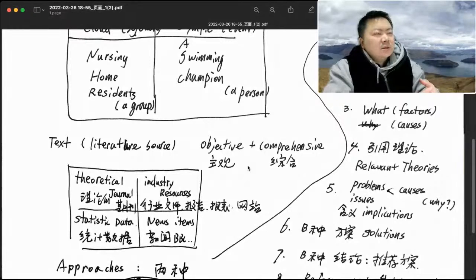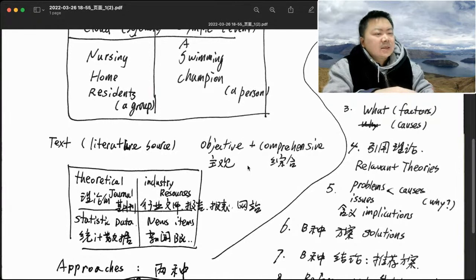Background, so that's a general idea. Summary, then what factors, what causes, then I use relevant theories. That's still describing the issue. The relevant theories are like glue.